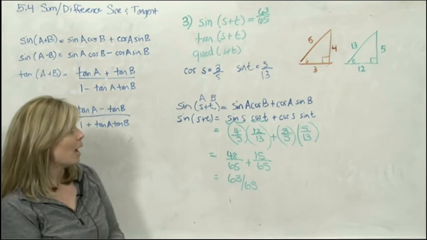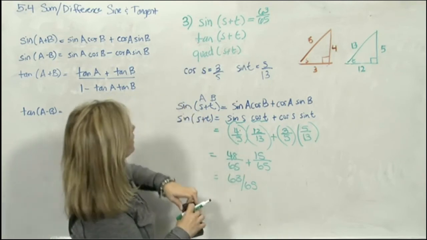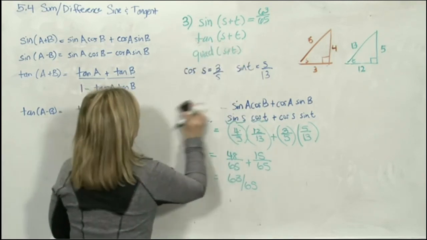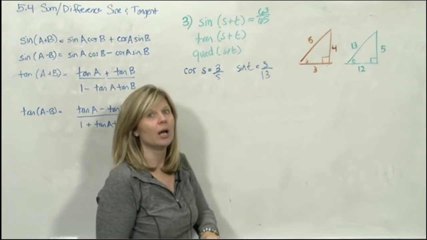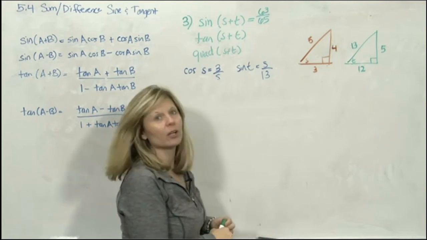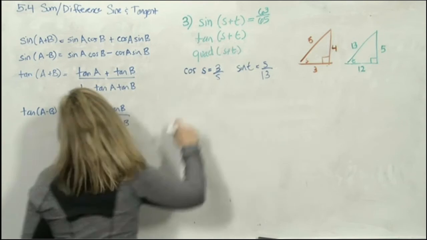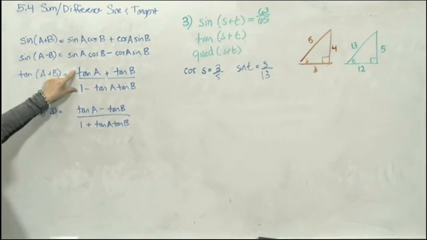Okay? Now we're going to do it again for tangent, S plus T. So if we're looking up tangent of S plus T, we're not using this identity. We're going to use the same given information, but a different identity. Because now we're looking up what trig function? Tangent. I want S plus T, so I'm doing a sum of tangent of two angles, and here's my identity.